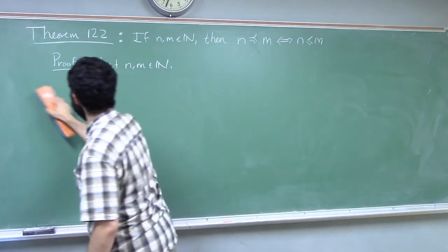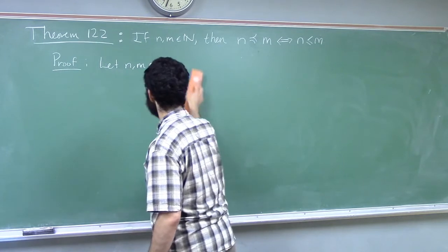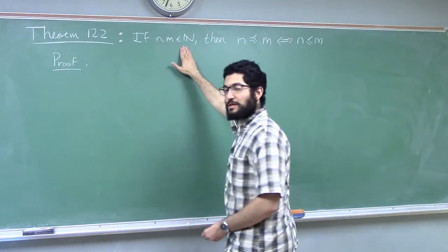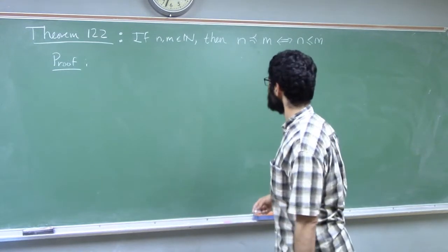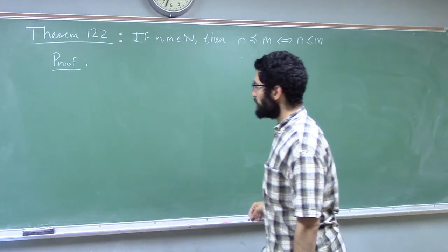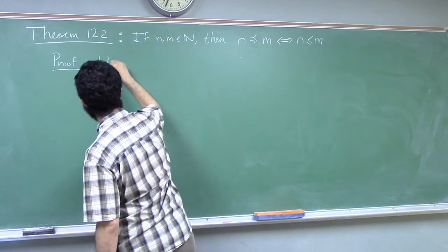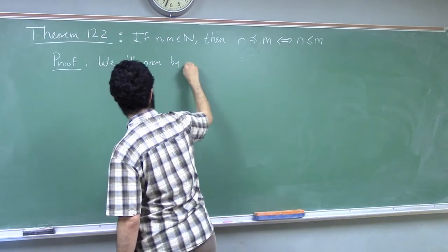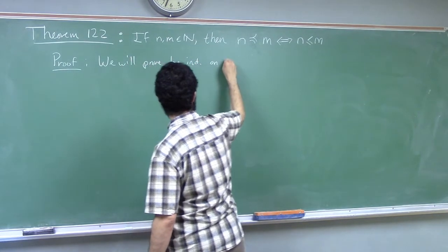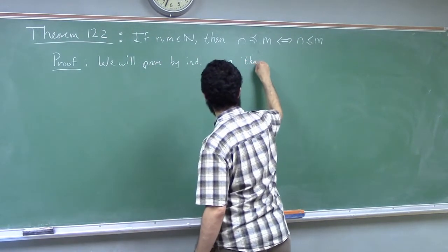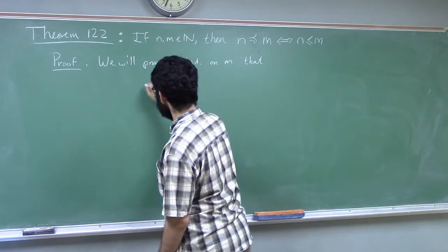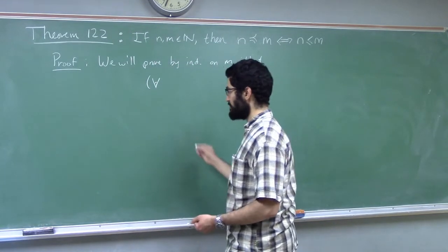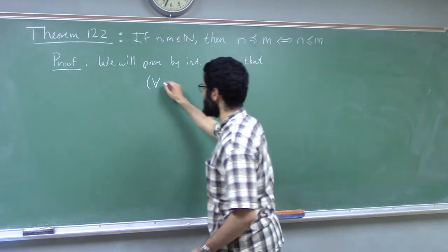So look at what it is that we're going to prove by induction. So I'm not even going to fix n and m at the beginning. I'm not going to fix either of them. Instead, we will prove by induction on m that, and then what I'm writing now is the phi that shows up in our statement of mathematical induction.